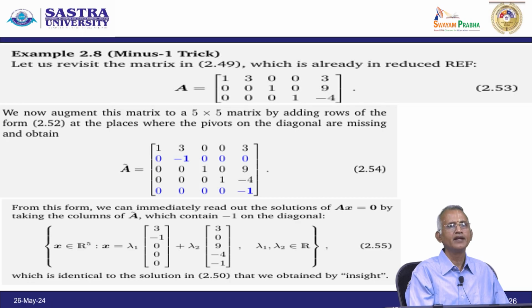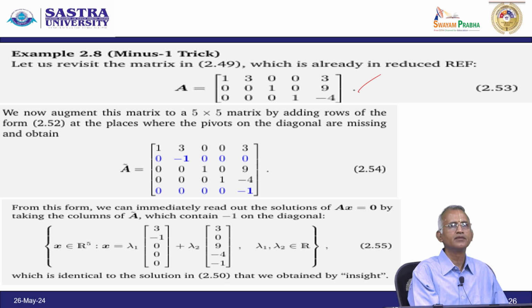Next, the minus 1 trick, in the sense that let us revisit the matrix of 2.49, which is already reduced to row echelon form: A equals 1, 3, 0, 0, 3; 0, 0, 1, 0, 9; 0, 0, 0, 1, minus 4.